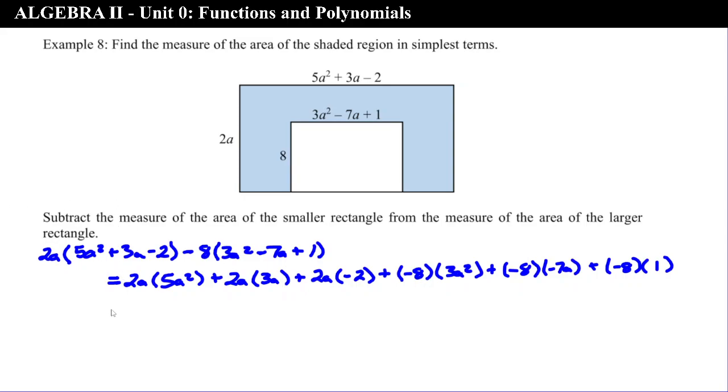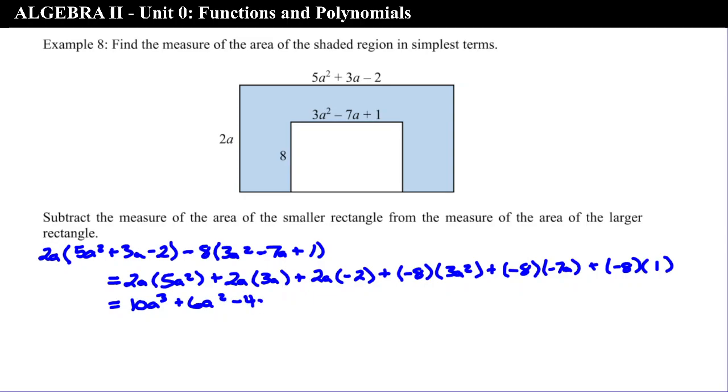So now we're just going to multiply each of these. So 2a times 5a squared gives us 10a cubed. Then we have 2a times 3a, that's going to give us 6a squared. Then we have 2 times negative 2, which is negative 4a.